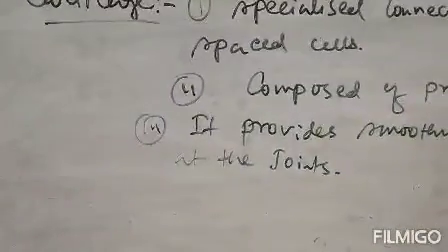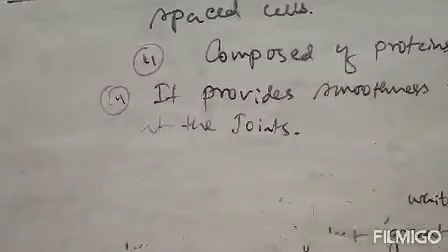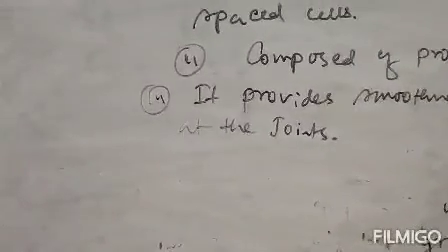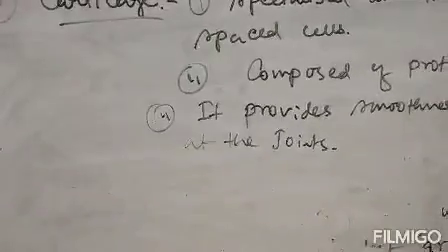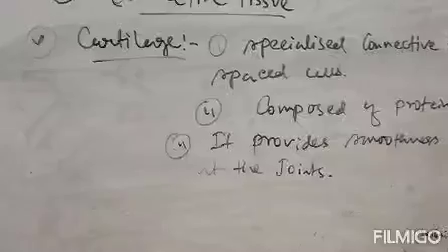And cartilage is found in the nose, ear, trachea and larynx. So these are cartilage, a specialized type of connective tissue.